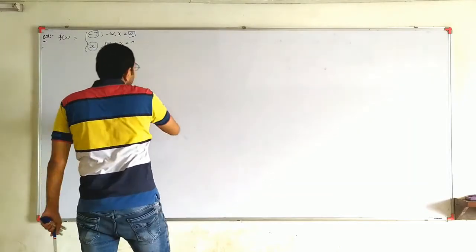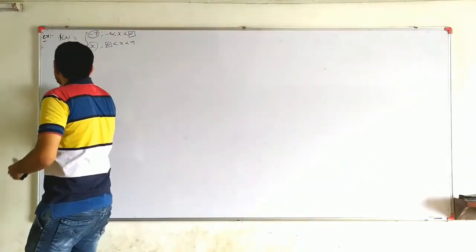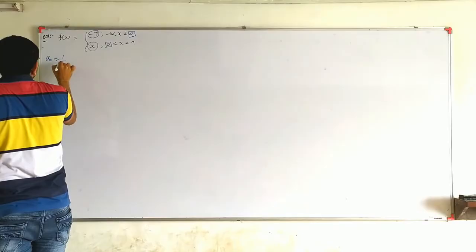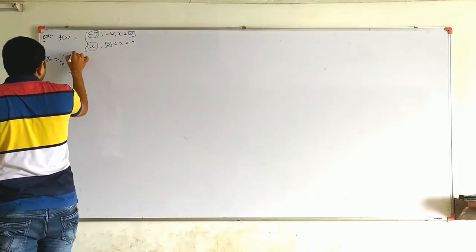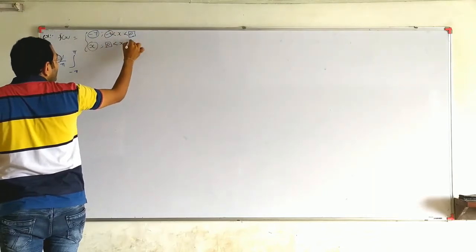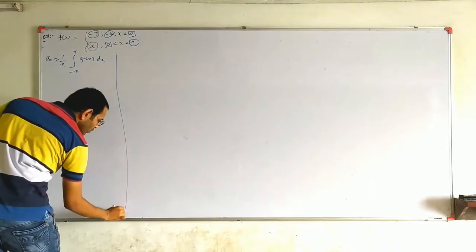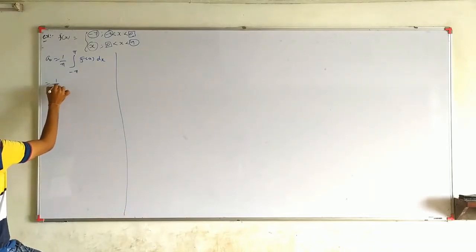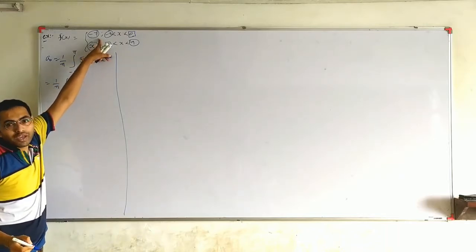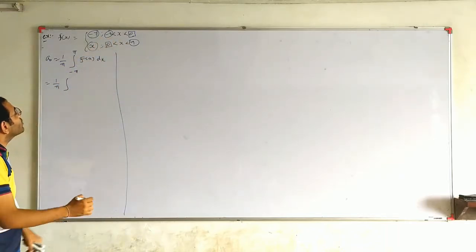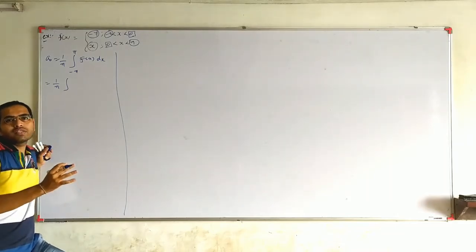First we find the Fourier series with the help of the formula. The first formula is a0, that is 1 upon pi, integral from minus pi to pi, f of x dx. But here the function value is minus pi in the range minus pi to 0, so we will break the limits.